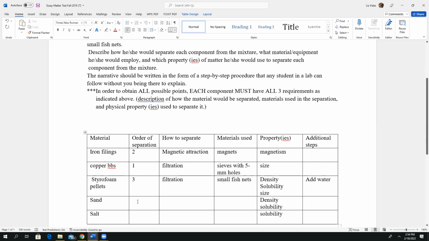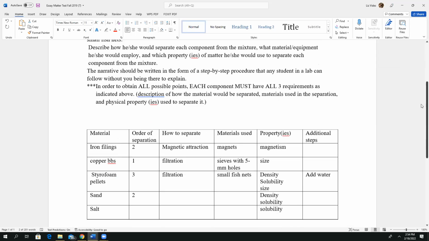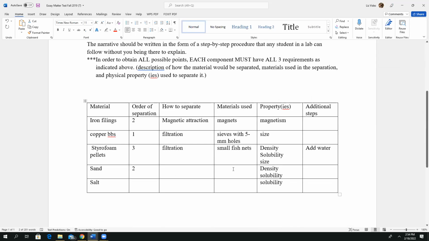The sand, I would use that as number 2. How would I separate it? I would probably use coffee filters. There we go. Because the sand is not soluble, right?